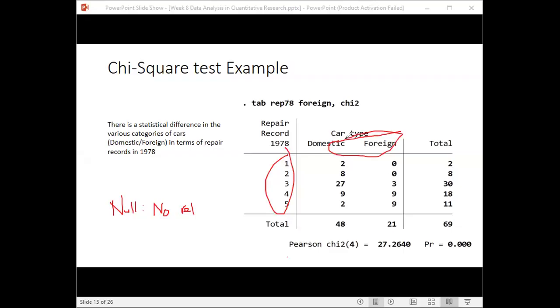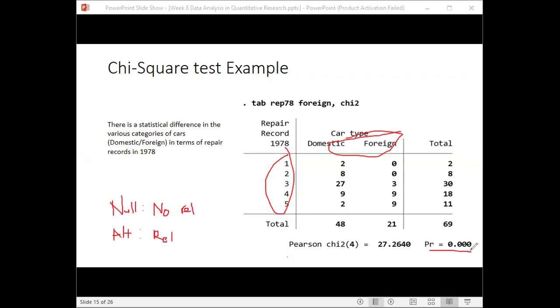And the alternative, H1, is saying that there is a relationship between some of the repair records and whether it's domestic or foreign cars.